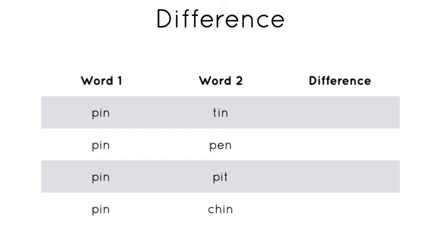I would need to become eh. To get from pin to pit, you would have to swap out the n sound with the t sound. And then from pin to chin, you would have to substitute the ch sound for the p sound. We'll come back to that ch later. Keep it in your mind.